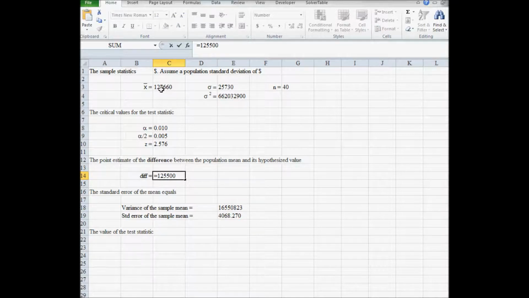So we have the difference between the point estimate and the hypothesized value of 125,500, which is $2,160. The test statistic is just the ratio of this point estimate of the difference divided by the standard error. So the test statistic to 3 decimal places is 0.531.